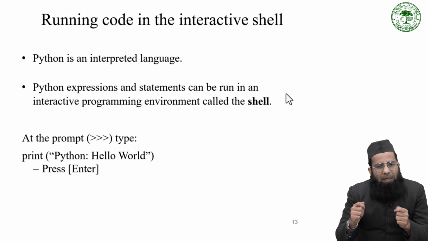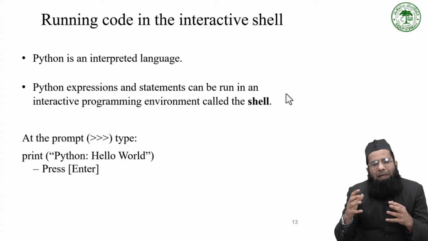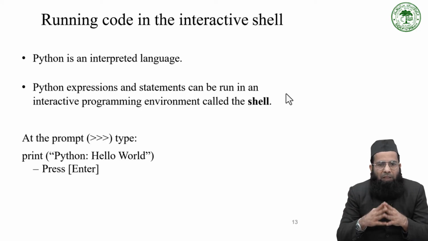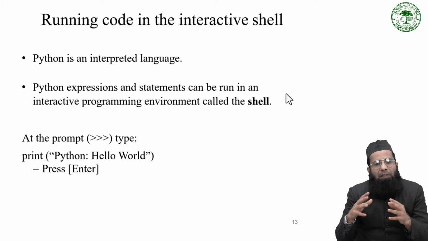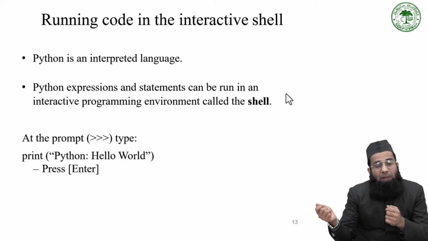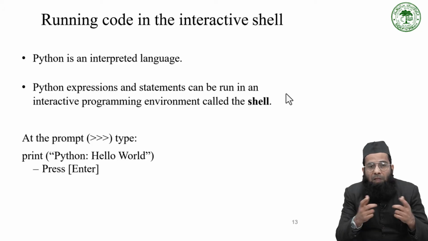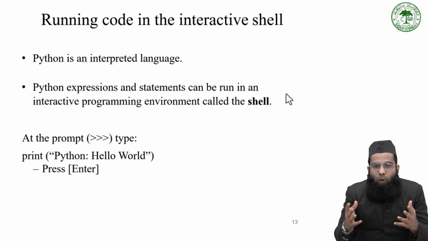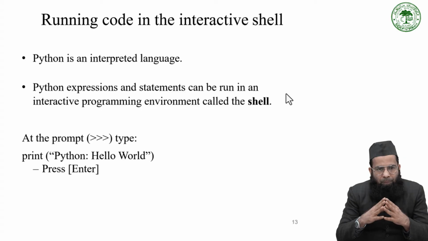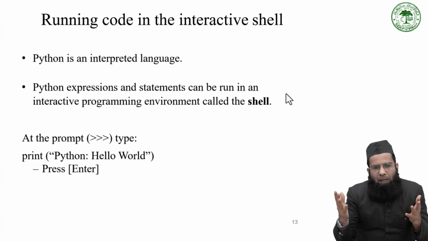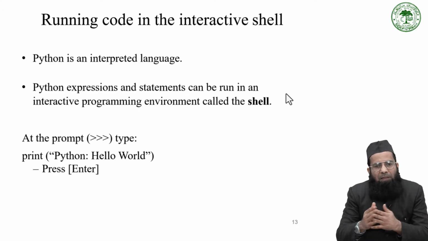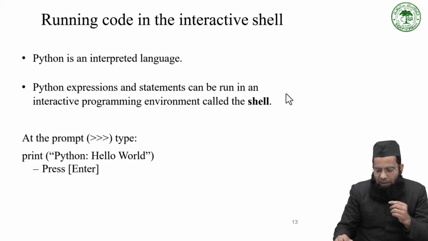Python expressions and statements can be run in an interactive programming environment called the shell. So you are actually interacting with the shell. Each user is provided with a separate shell. Once you log into Google Colab or you are using Jupyter Notebook, it provides you a separate shell. There you will find the prompt, as I have already shown you, and then you can write print Python hello world, and as soon as you press enter, you will get the result.